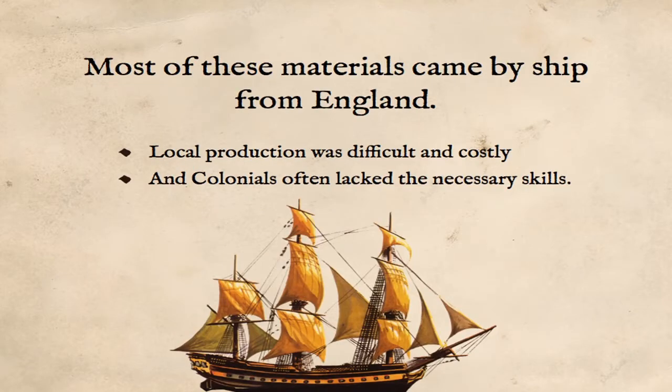So again, because we were colonies, we didn't have a whole lot of population yet, which means we didn't have a whole lot of infrastructure, and it was mostly resource extraction. That was the main economy at the time.